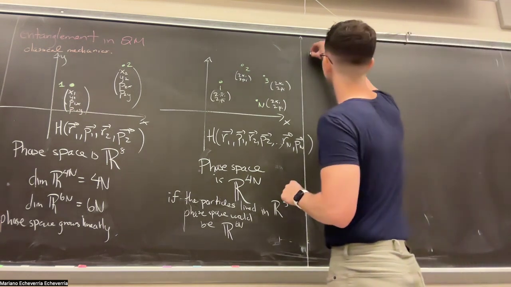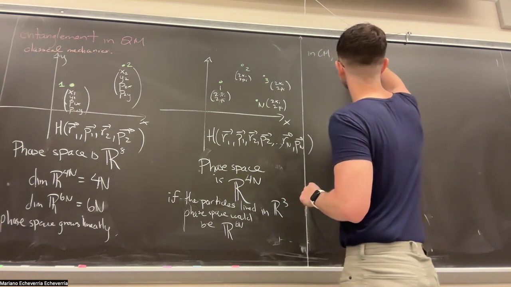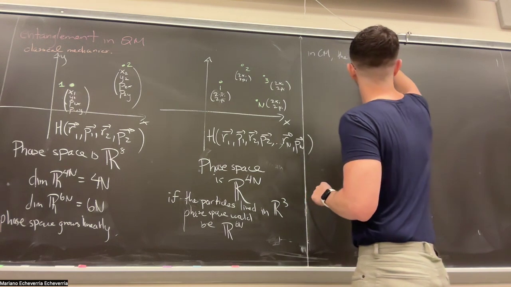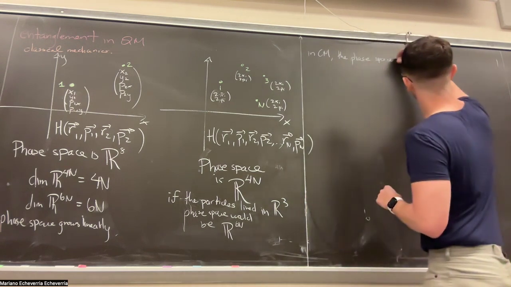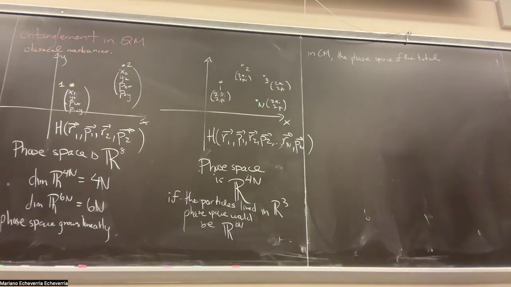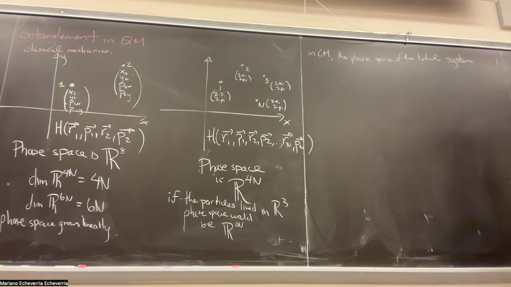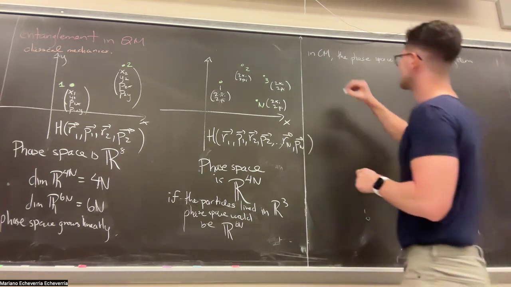So in classical mechanics, the phase space of the total system is a Cartesian product of the phase spaces of the individual systems. Okay.